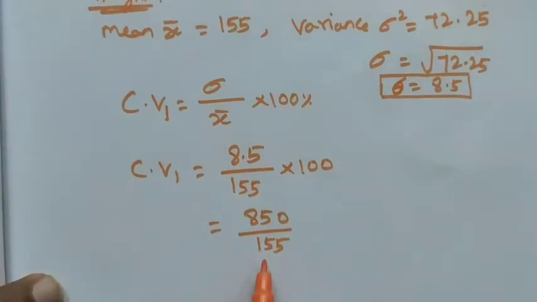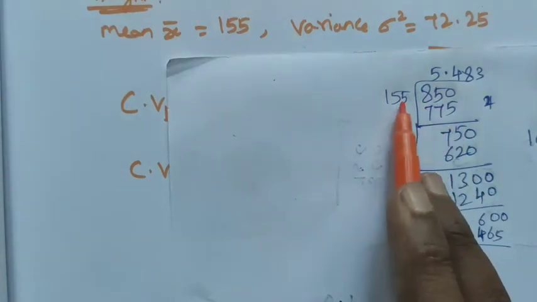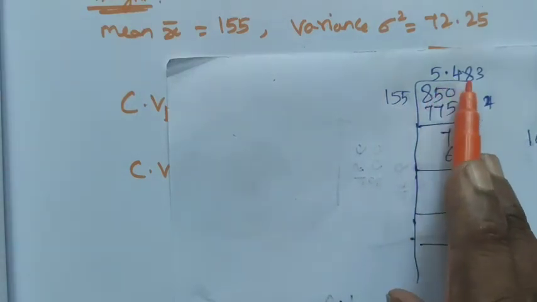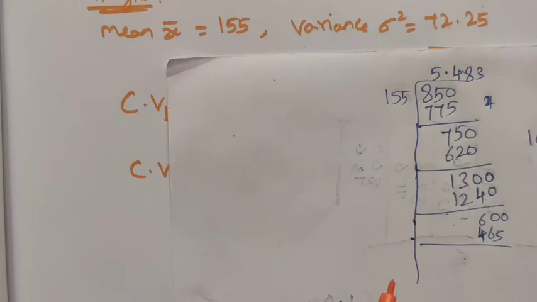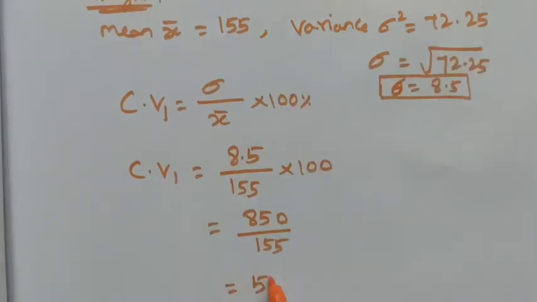Now 850 divided by 155 gives 5.483. Taking two decimal places, 5.48% is the coefficient of variation for the height.